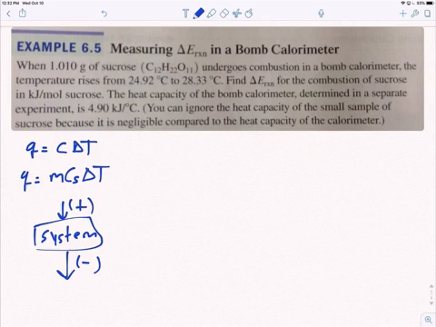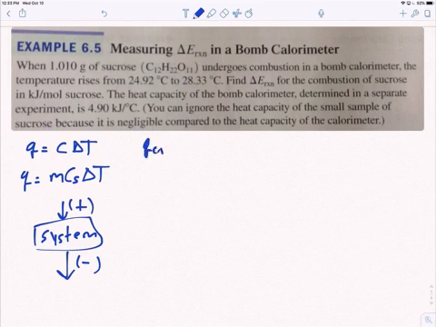So if the system is the bomb calorimeter, the energy flow is positive because it's heating up. We can know that because it goes from 24.92 to 28.33. So your bomb calorimeter is absorbing heat. If your system is the sucrose, it's losing energy. So energy is leaving the system. So I guess I can write this out.